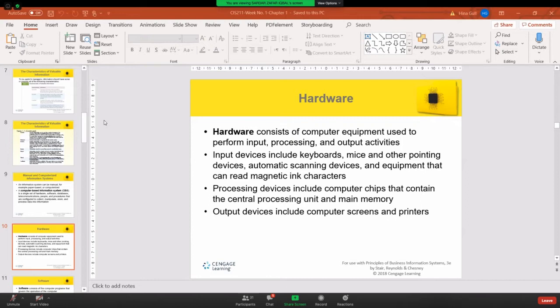Okay. Processing devices include computer chips that contain the central processing unit, and inside the CPU, the ALU, the GPU, these kinds of processing devices, and main memory, which is RAM, ROM. The memory, different types of memories.